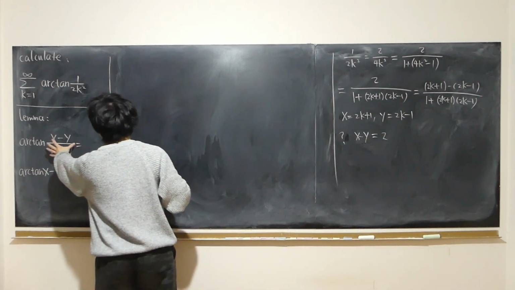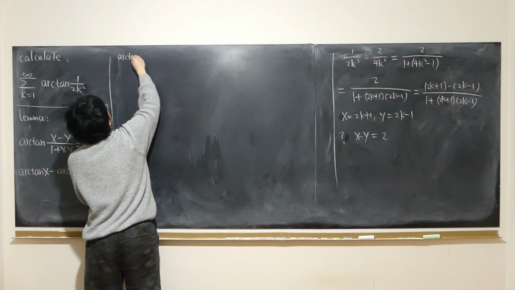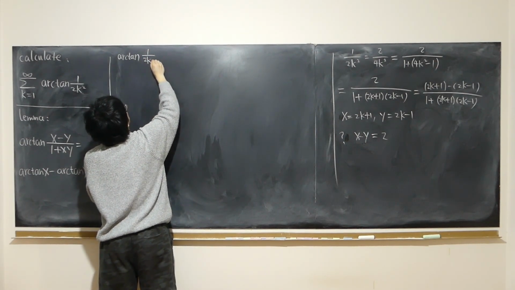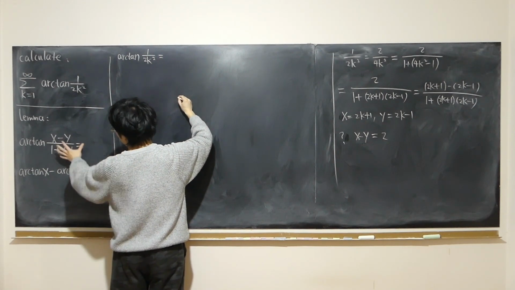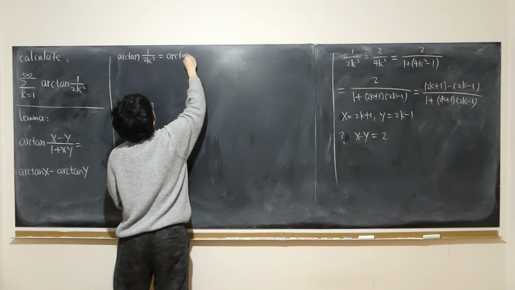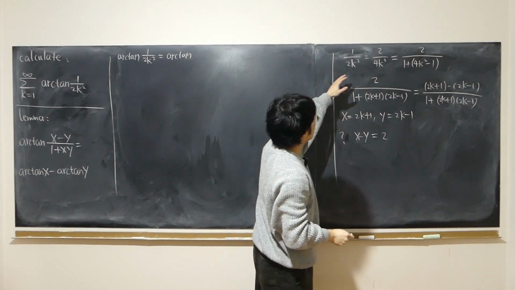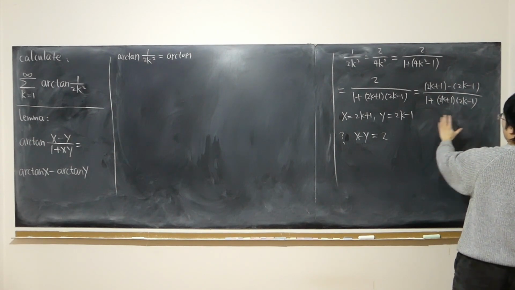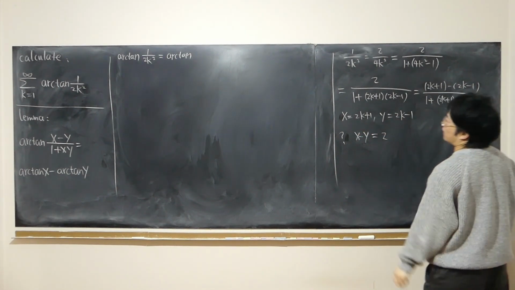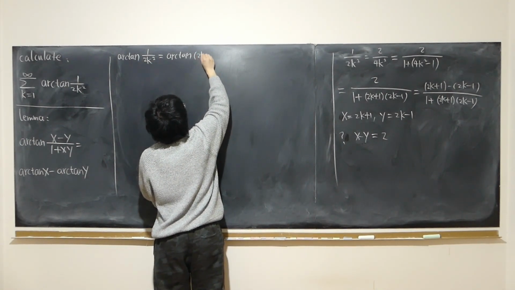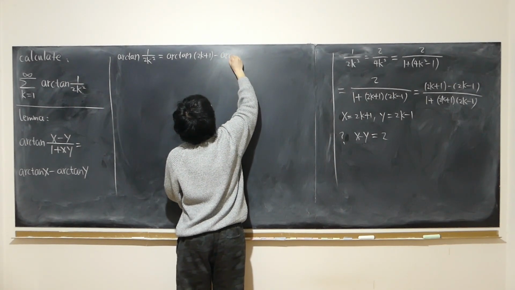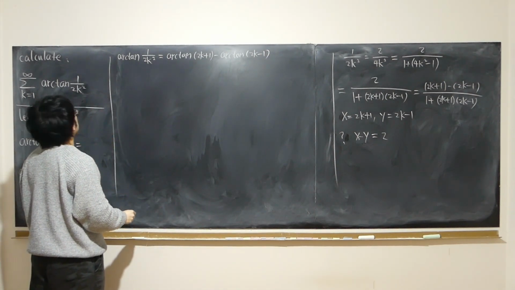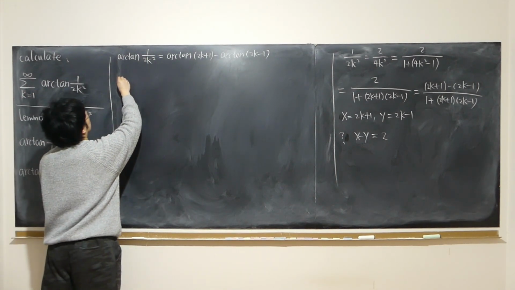So arctangent of 1 over 2k squared is legitimately equal to arctangent of 2k plus 1 minus arctangent of 2k minus 1.